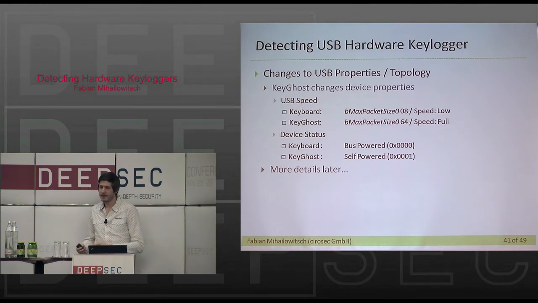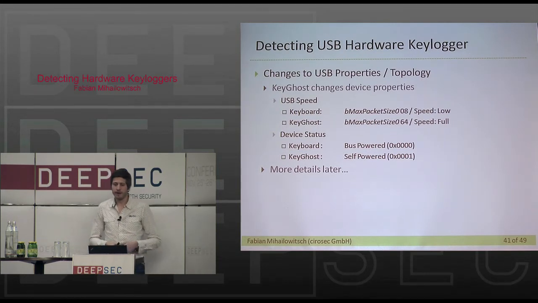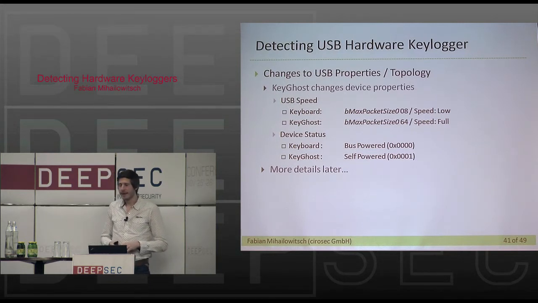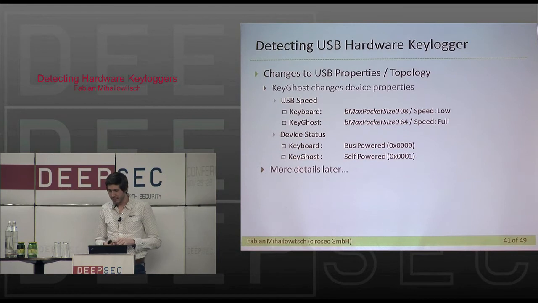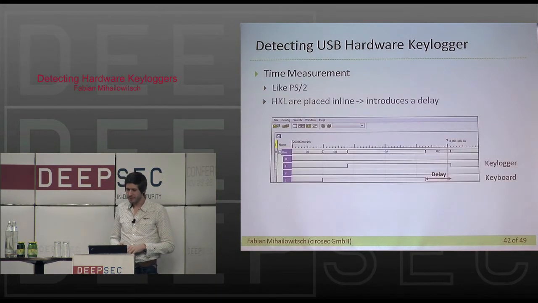Furthermore, the device status is changed. If only my keyboard is plugged in, it's bus-powered, which is correct because it is. If I plug in the key ghost, it suddenly says it's self-powered. Quite interesting for a keyboard, but okay. I will give you more details later on about why it actually looks like that.